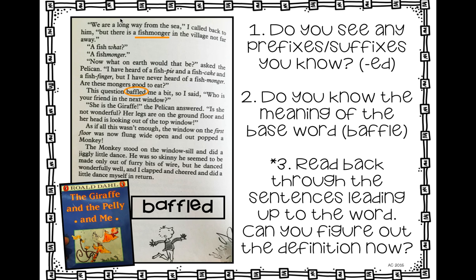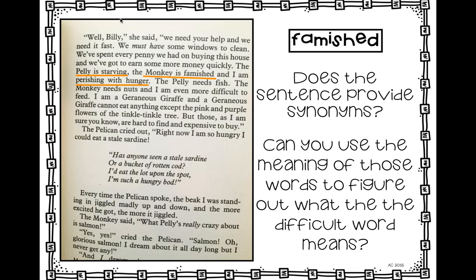Of course, as this kid knows that a fishmonger is someone, not something that you would eat, but a person, they will understand that that question is very confusing, because why would the pelican be asking if he can eat a person?